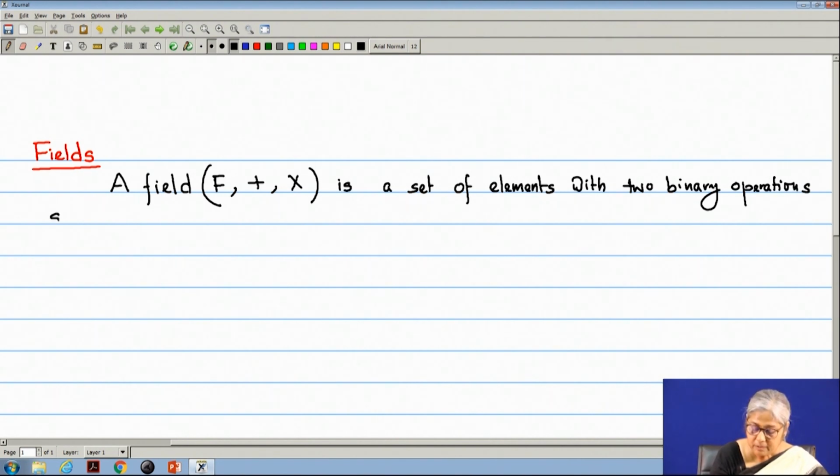Say addition and multiplication, but as we have already seen, this addition and multiplication may not be the ordinary addition and multiplication.